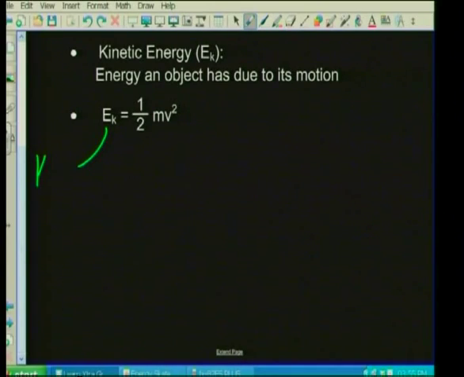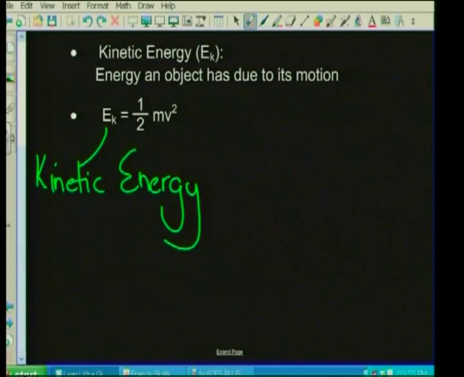EK stands for kinetic energy, and a good way to remember this, and I like to tell my learners as well, is that the little k is its name. E means energy. So if I say E is like girls, and we have a whole row of girls there, I can't just call all of them girl, because especially in my classes, they get a little upset if all you get called is girl, okay?